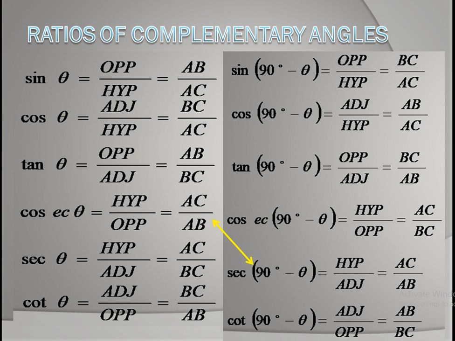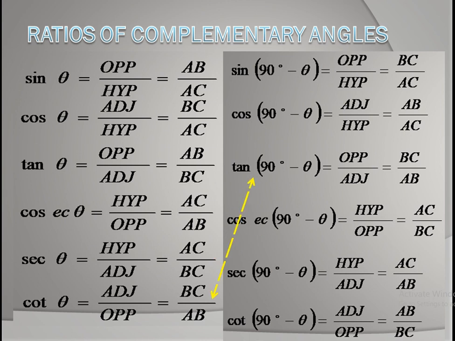So cosec theta will be equal to sec(90 degree minus theta). Next, sec theta is equal to AC by BC. Here also cosec(90 degree minus theta) is equal to AC by BC. So sec theta will be equal to cosec(90 degree minus theta).